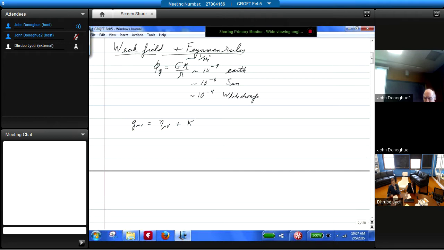I'm going to try to do this consistently. Kappa, if you remember, was a parameter where κ² = 32πG Newton. We haven't shown that yet; we'll probably show it later today. That's the identification.